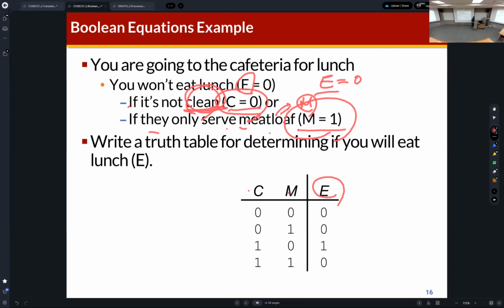Based on our real examples, our real variables or inputs, we can define the output of a system, how the system behaves, which means we can generate a truth table.